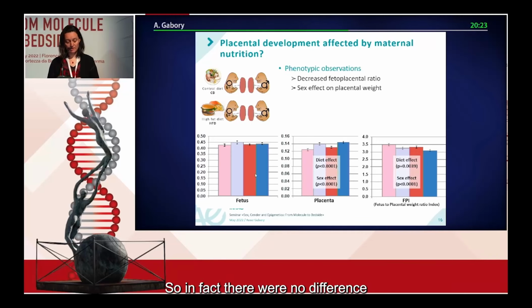So, in fact, there were no differences in the weight of the fetuses between the 4 groups, while there were differences with the diet effects in the placenta. High-fat diet gives higher placenta weight, and there is a sex effect with male placenta being bigger than female ones, which is quite common in C57 black 6 mouse.